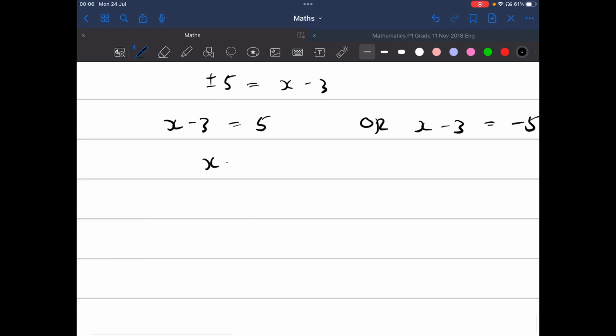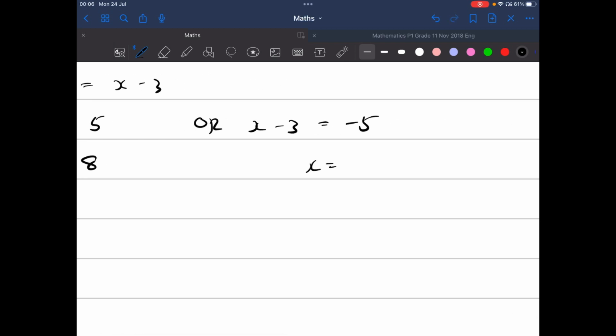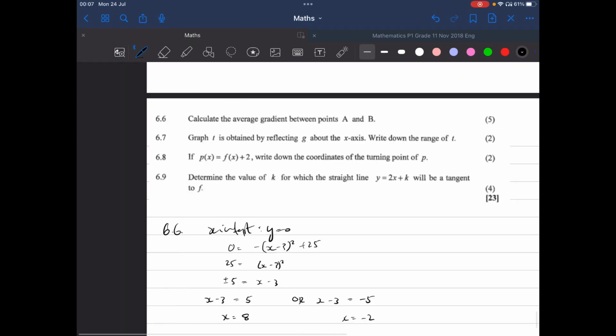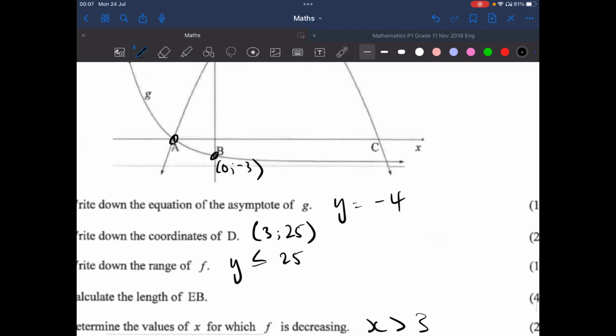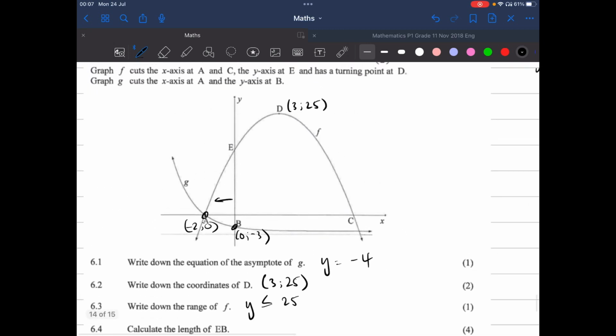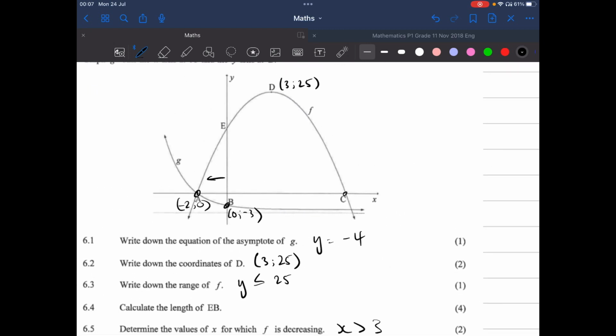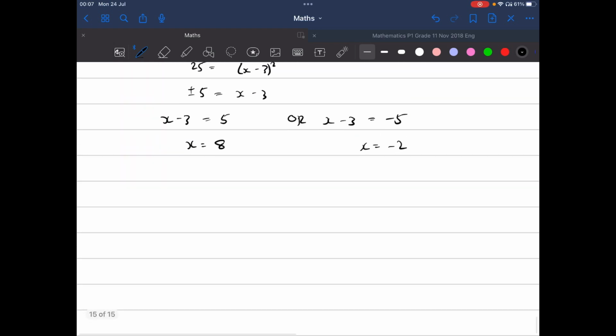That means x is either equal to 8, or x is equal to minus 2. A is obviously going to be at minus 2 because it's on this side of the y-axis, and this is going to be at (8, 0). So we can state that therefore A is at (-2, 0).